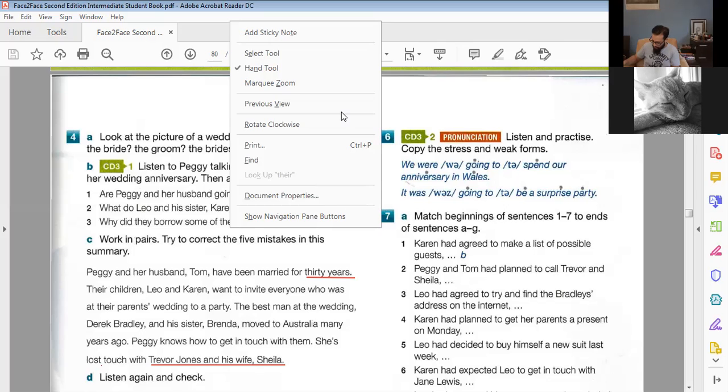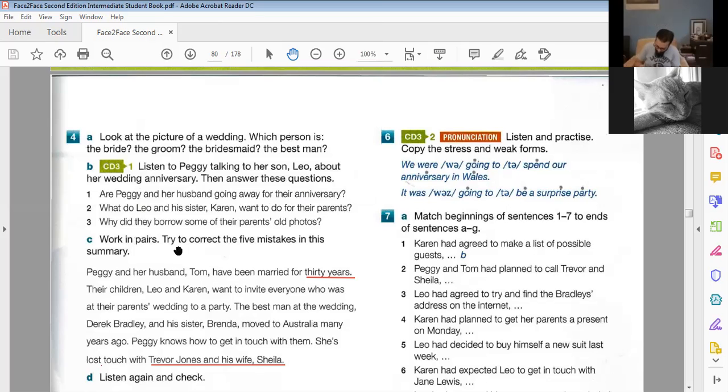Well, if you let me have all the information you've got, I'll try to get hold of as many people as I can. Well, let's see. I'm still in touch with Trevor Jones and his wife Sheila. They met at our wedding, you know. And then there's Jane Lewis. We used to share a flat together. I think I still have a phone number for her somewhere. Uh-huh.